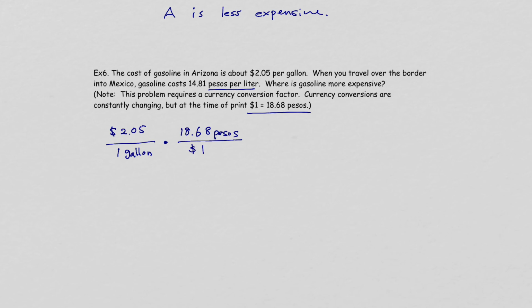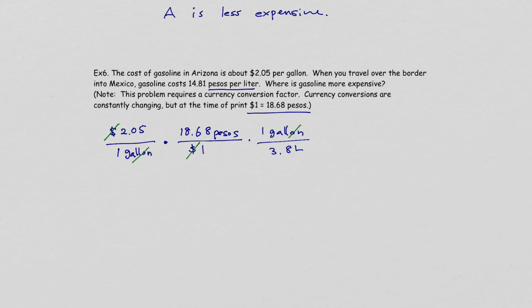So that way this dollar unit will be canceled. And then I will multiply again to change the gallon to liter, right? So for gallon to liter, we know 1 gallon is equal to 3.8 liters. So that way, the gallon will be canceled.